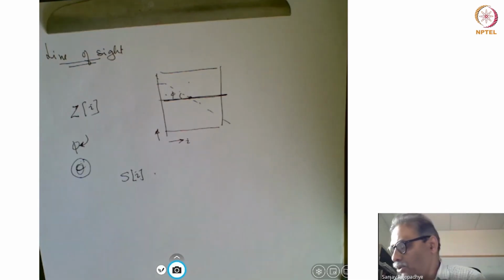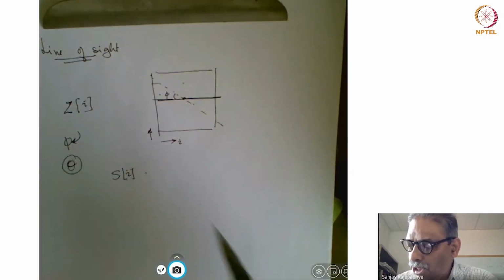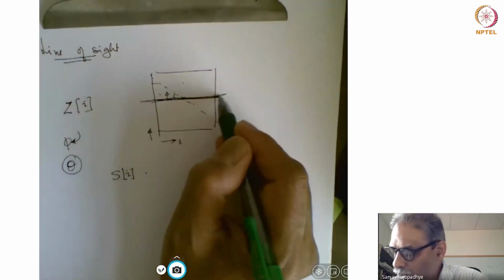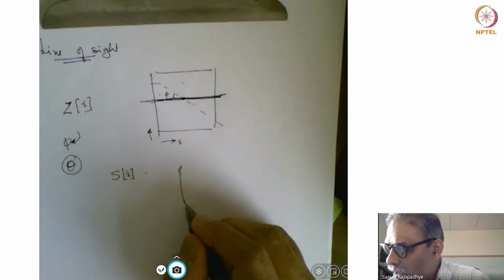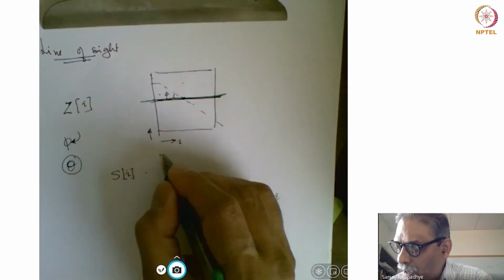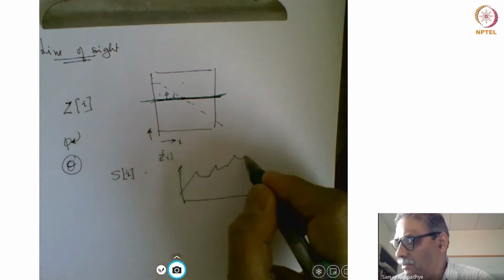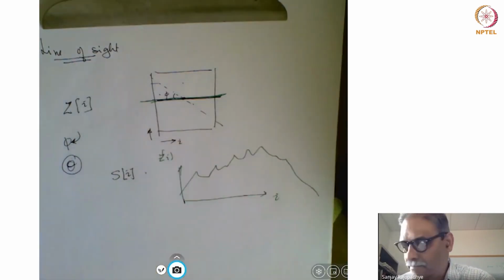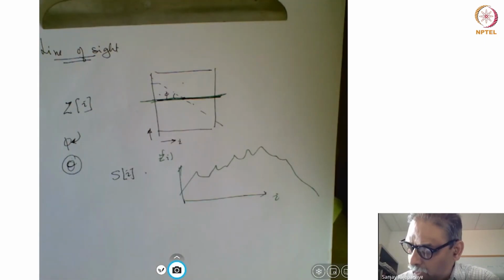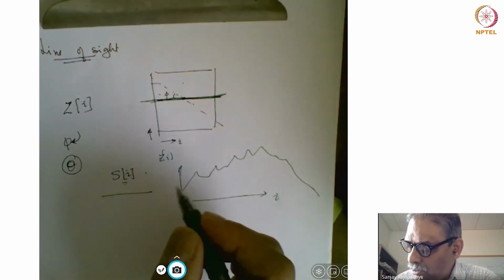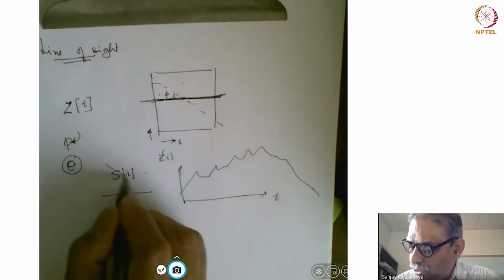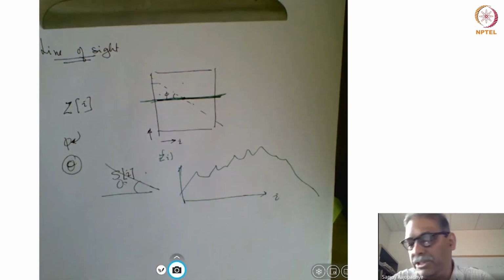So let me show you the cross-section view of this hilly terrain. So I'm going to show the I and Z of I axis, and I have some elevation like this, okay? And let's say the angle of the sun is this theta, let's say it's 30 degrees.